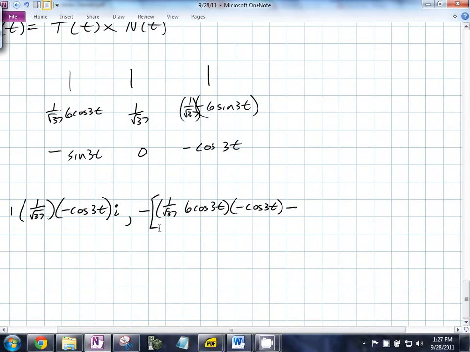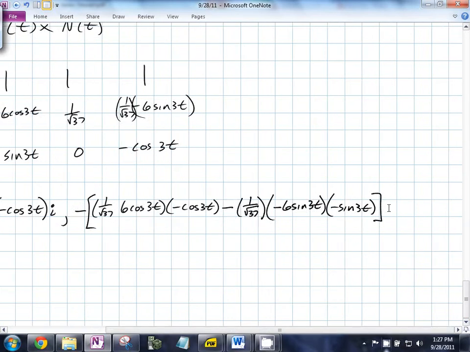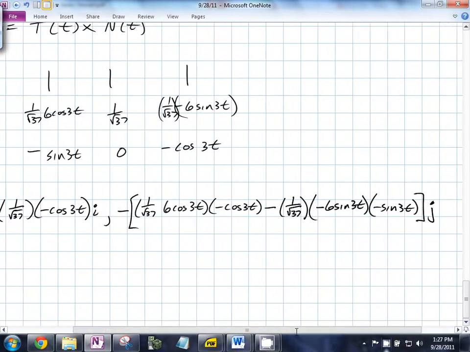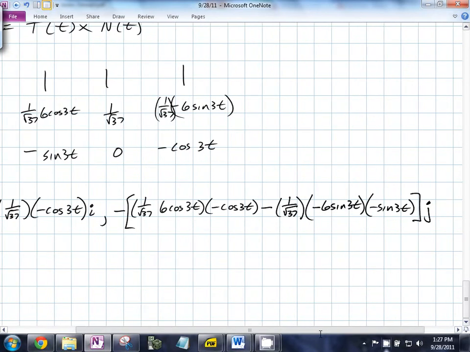So this is i, j, and, hey, at least we have a 0 in this next one, right? So it's minus negative, so it's going to be sine 3t times, what's it going to be? Plus sine 3t times, well, it's this minus that. So it's going to be sine 3t over what? Root 37. Ready? I'm going to simplify it a little bit because I'm running out of space. Sine 3t over what? Root 37 k, right?